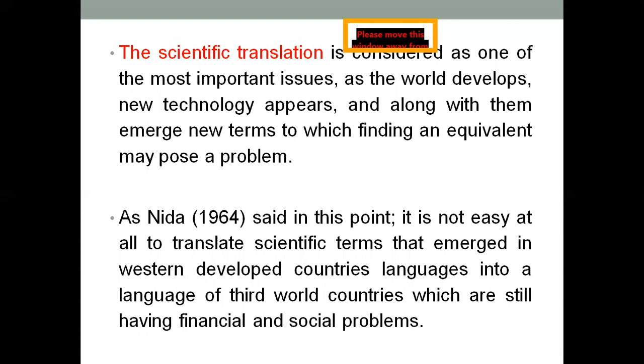What about the target language? Also, there is a lack of equivalent terms. This is the main problem that constitutes the main difficulty in scientific translation.